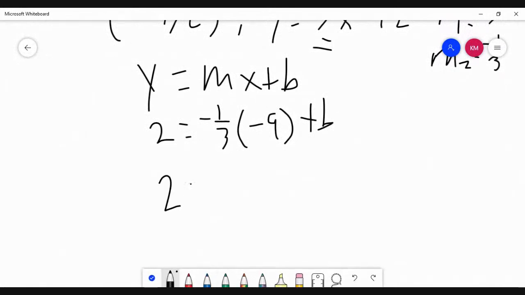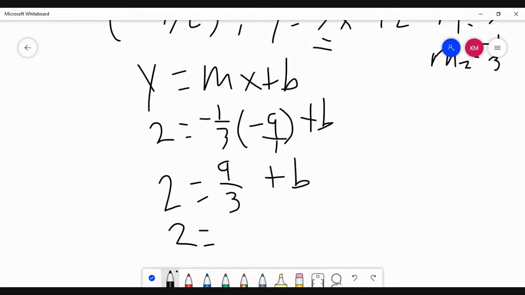Now, bring down my 2. Negative 1/3 times a negative 9 is a positive 9/3, because remember, a whole number, you place it over 1 when multiplying by a fraction. So negative and negative makes positive. 1 times 9 is 9, 3 times 1 is 3, plus b.